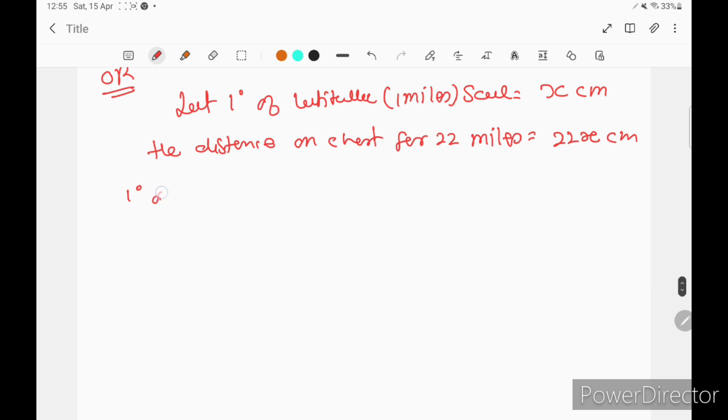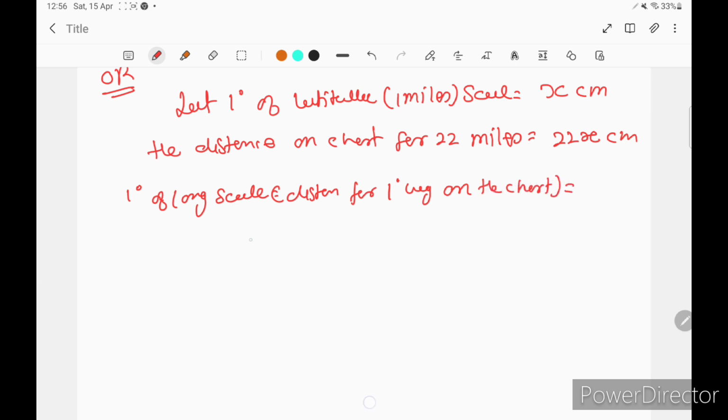So the 1 minute of longitude scale, the distance for 1 minute of longitude on the chart, is equal to the 1 minute of latitude scale into cos latitude, which is x cos 32.30.